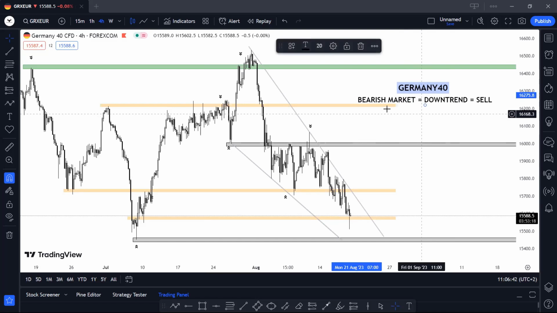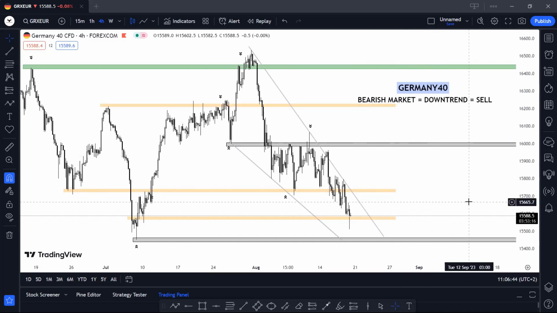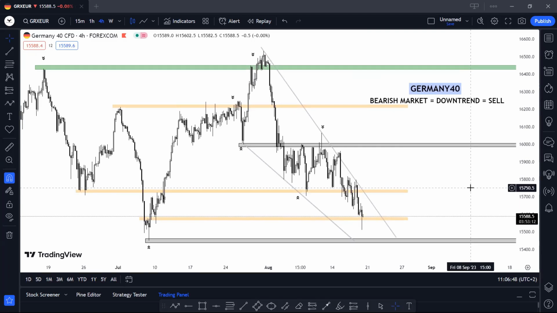So yeah, this is what we have on German40. And with that being said, guys, I hope you did learn a very, very valid, important point.